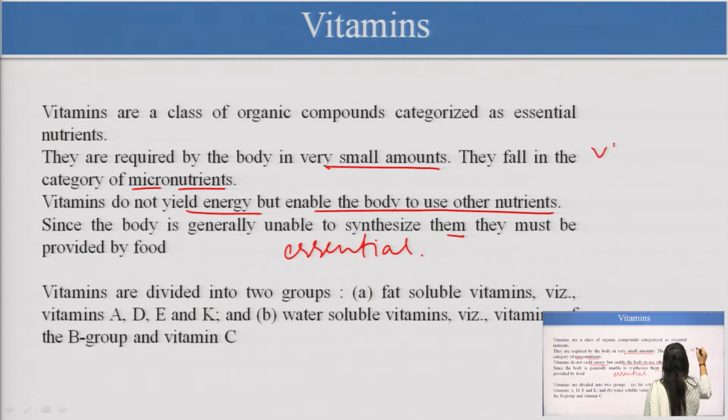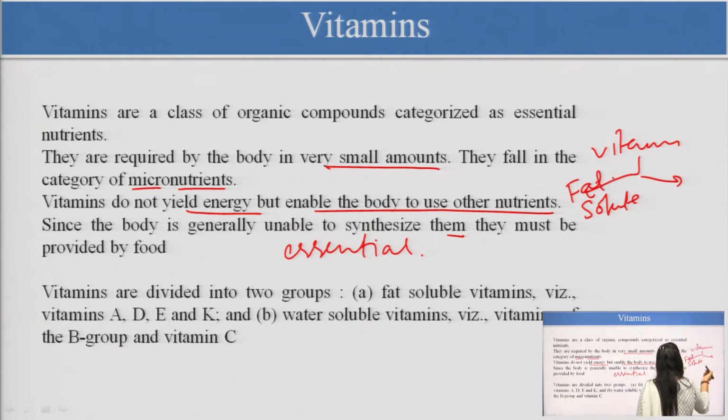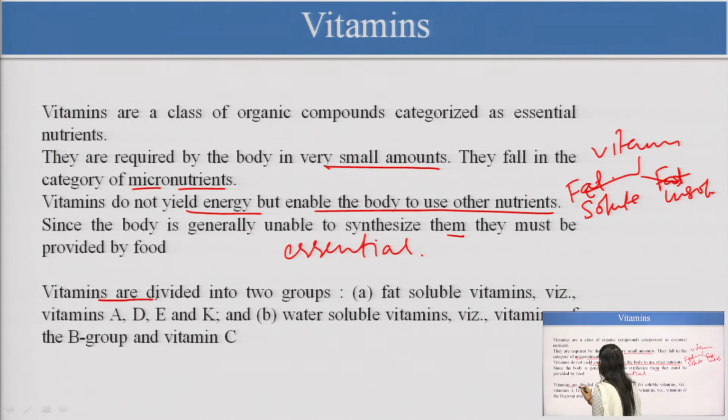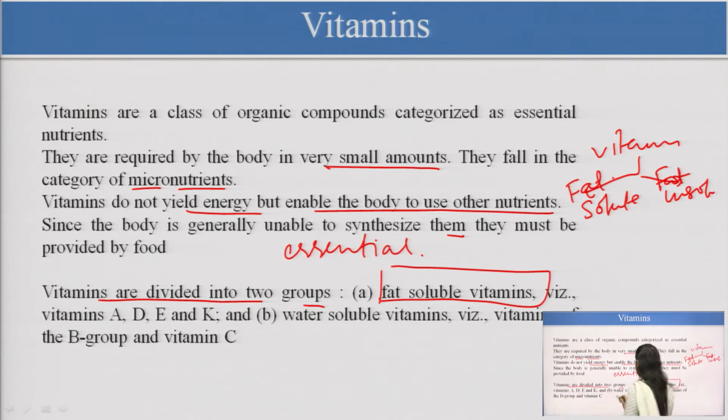Now vitamins are divided into two classes. One is fat soluble vitamins, another is fat insoluble. So we can see here vitamins are divided into two groups: the fat soluble vitamins, and the second category is fat insoluble, or we can say water soluble vitamins.